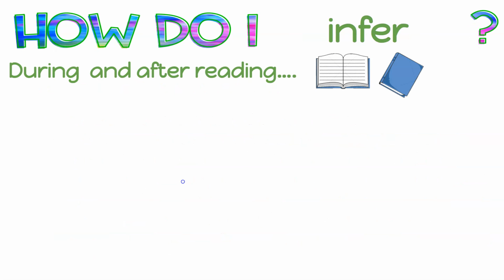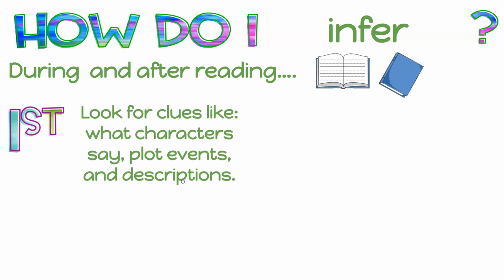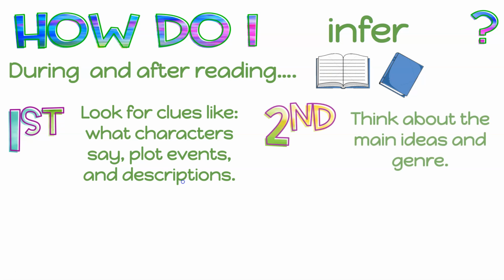So how do I infer both during and after reading? Your first step is to look for clues that the author gives you, including what characters say, plot events, and descriptions. Your next step is to think about the main ideas of the text and the genre or type of story.